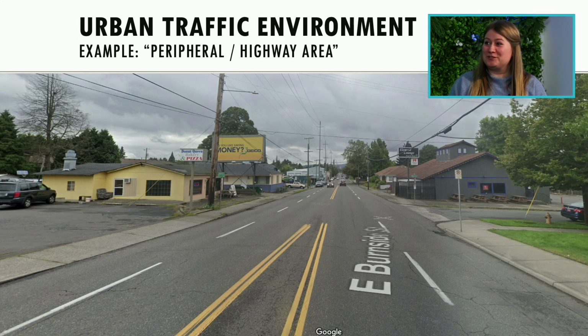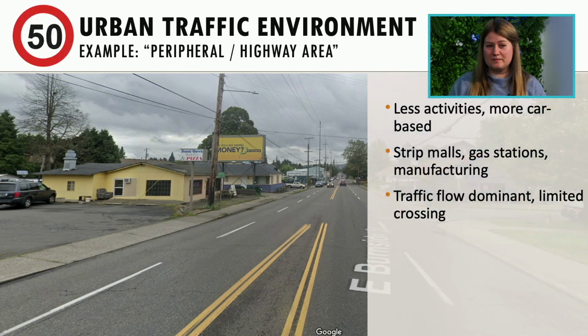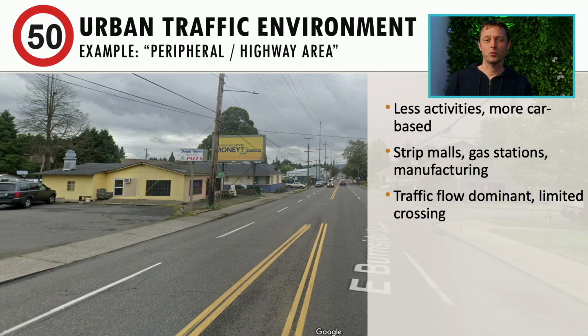And then we have those kinds of urban areas, and we call this a more rural area. It's like areas we see around our highways, and the functions we see here are not made for people walking by or just passing by. They are car-based. Think of strip malls, gas stations, but also manufacturing areas. They line the highways.